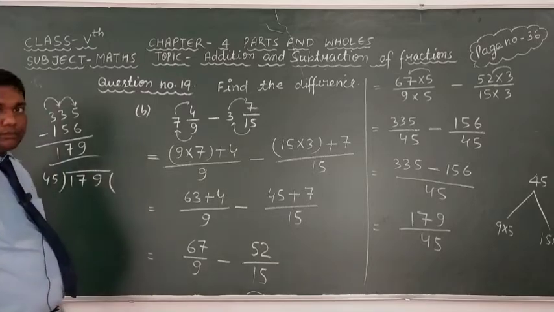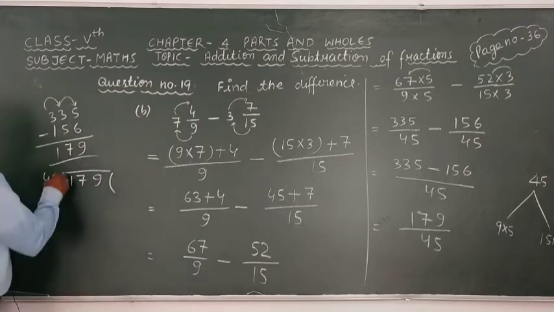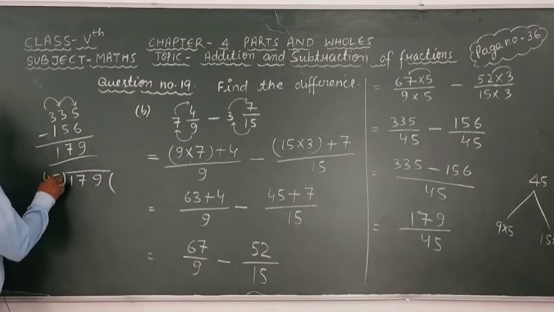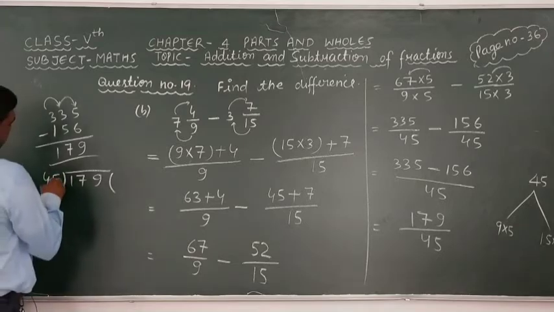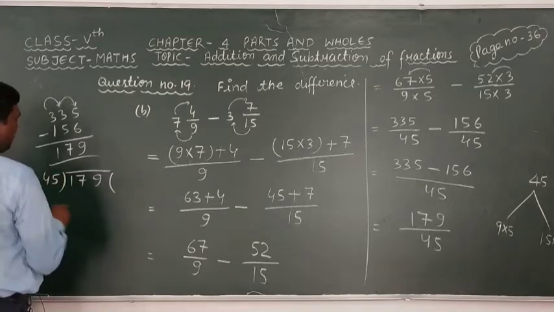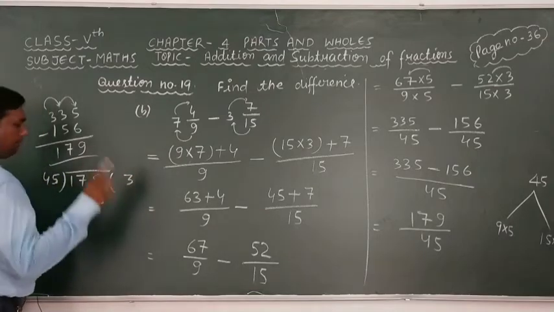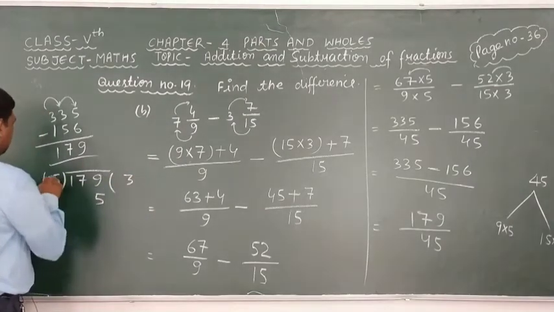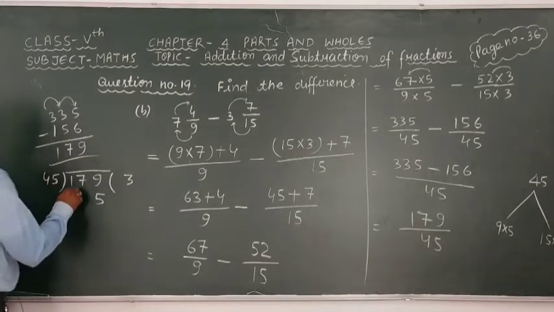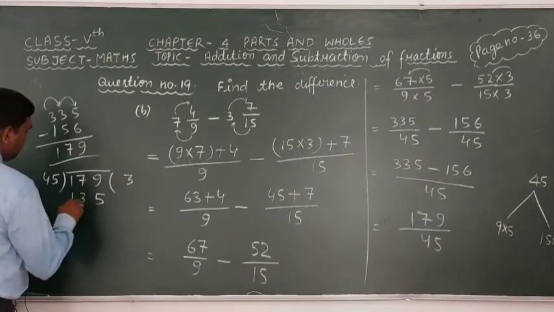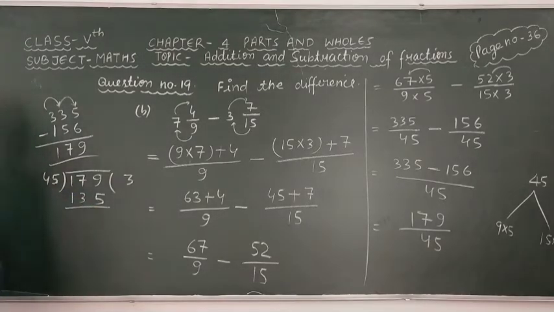Okay, understand? 45 5 जा 45 3 जा, 3 5 जा 15, 5 carry 1, 3 4 जा 12, 12 plus 1 is 13.